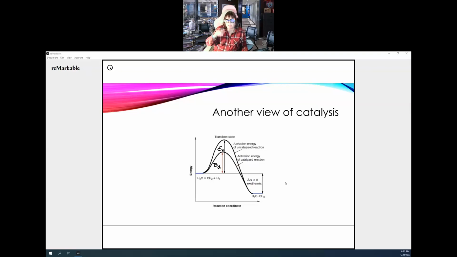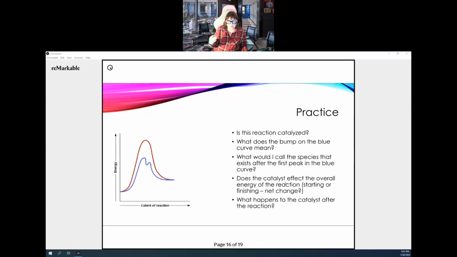So that's another thing that you might see in terms of catalysis. Here's another practice: is this reaction catalyzed? Yes, the blue line has a lower activation energy, so that is a catalyzed reaction. And what does the bump on the blue curve mean?